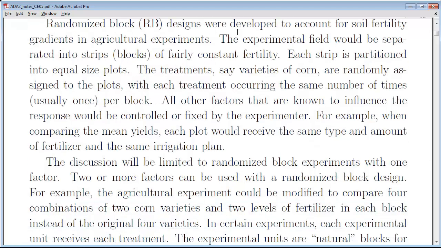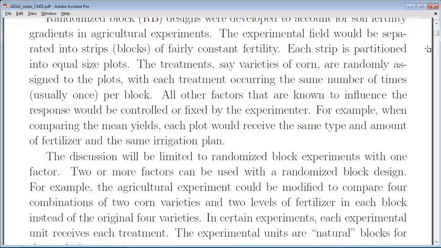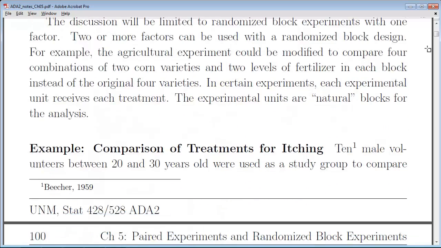So there's a history here. A lot of experimental design had to do with agriculture. In fact, Ron Fisher, who designed a lot of the experimental design methodology and statistics, did most of his work in agricultural applications.